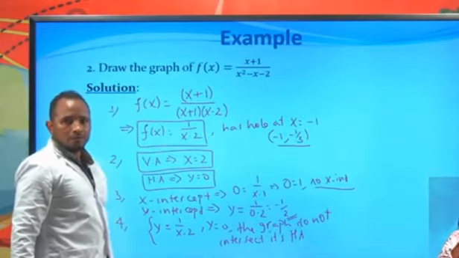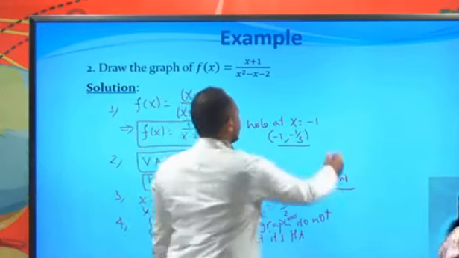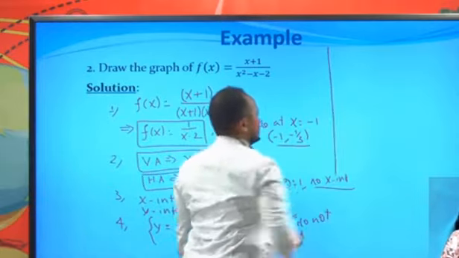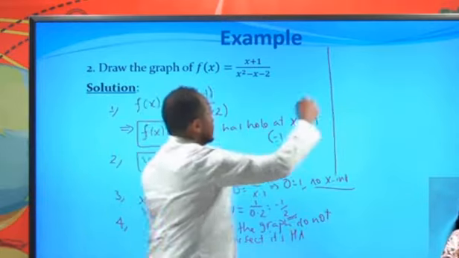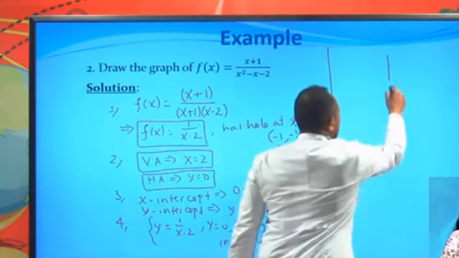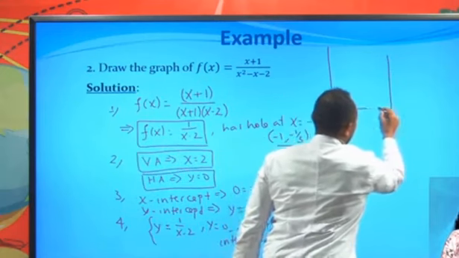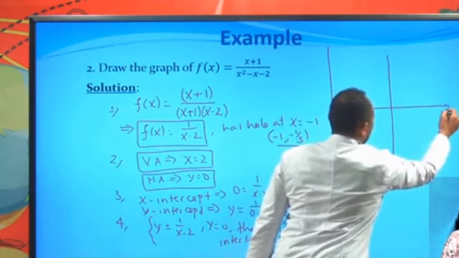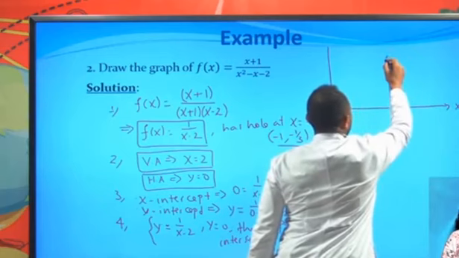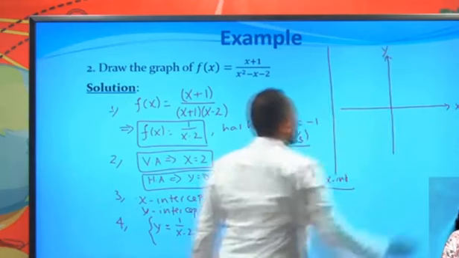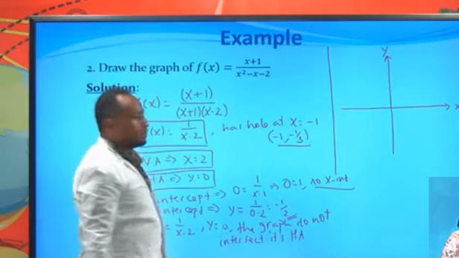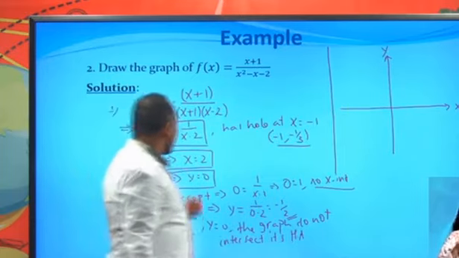This y is equal to 0 is the horizontal asymptote. So next, let's put a point where the graph has a hole. The graph has a hole at -1, -1/3. -1, -1/3 is near here.